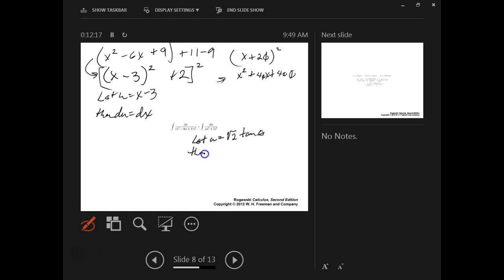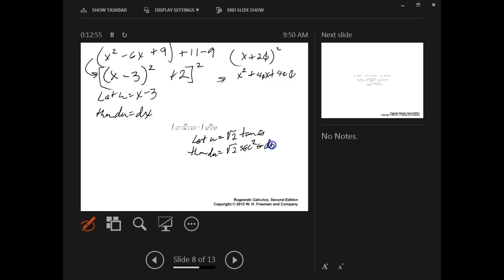Then, we've got a few thens to do. What do you want to do next? du. Then du is equal to the square root of 2 secant squared theta d theta.